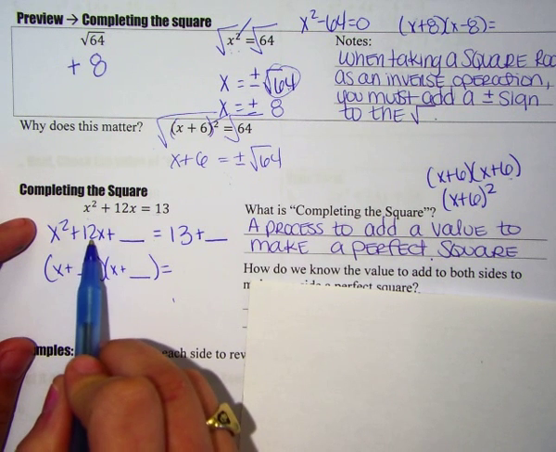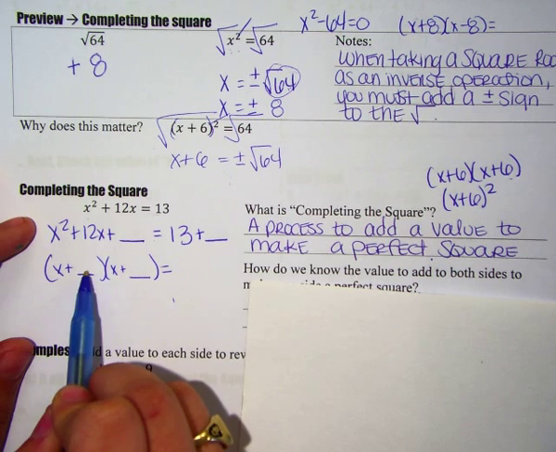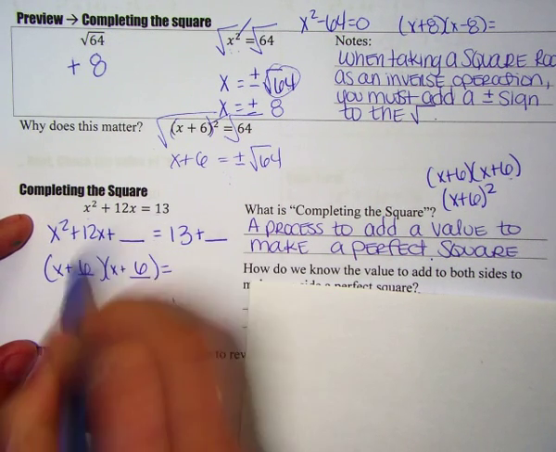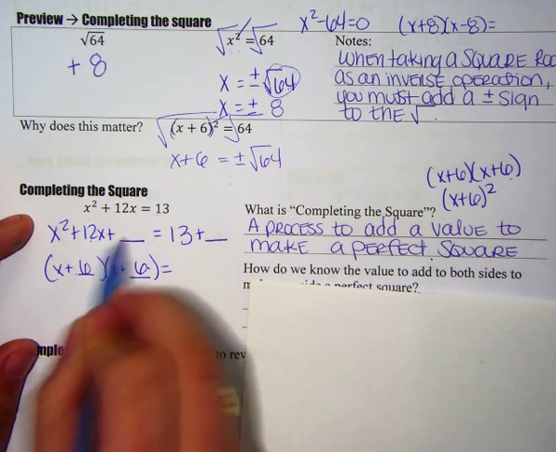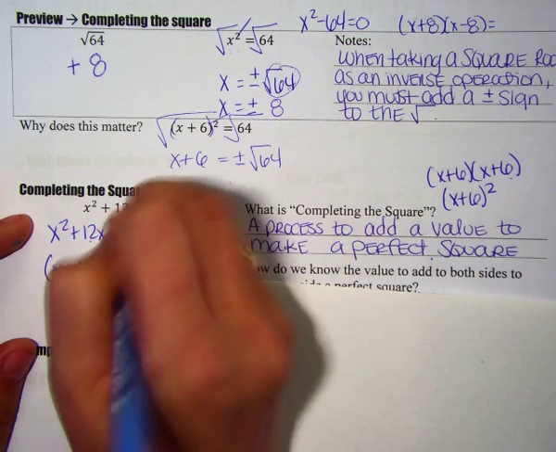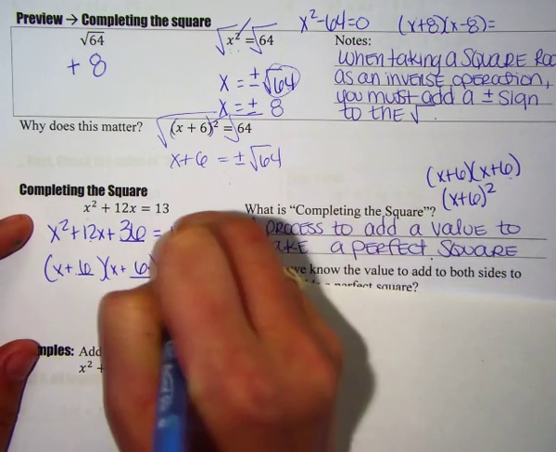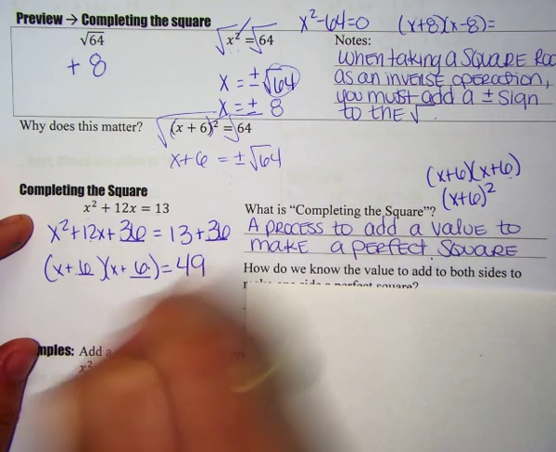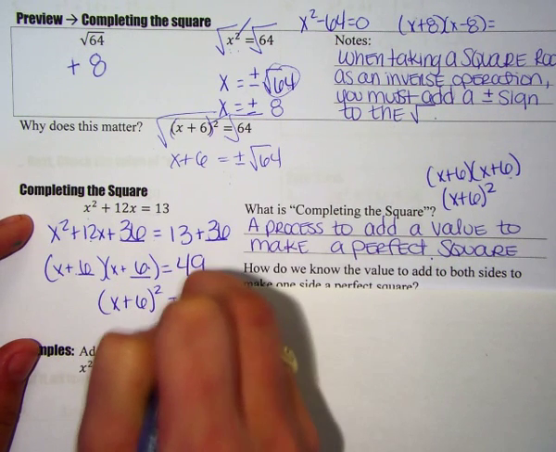So if we think about it, we want some value here so that this becomes the same number. This number would be 6 because 6 plus 6 is 12. And so then this number will be 6 times 6, which is 36. So we're going to add 36 to both sides. 13 plus 36 is 49. I'm going to rewrite that as a perfect square. X plus 6 squared equals 49.